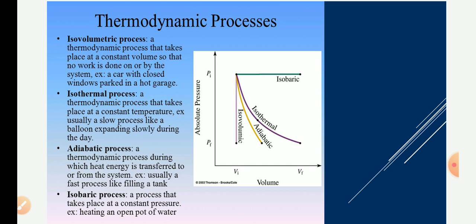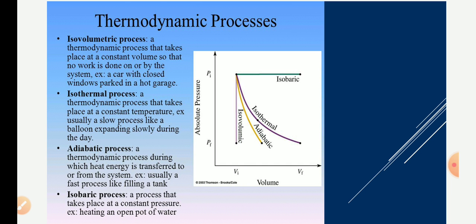For example, a car with closed windows parked in a hot garage is an example of an isochoric process. Throughout the process the volume remains constant. And here, volume being constant means no work is done on or by the system.